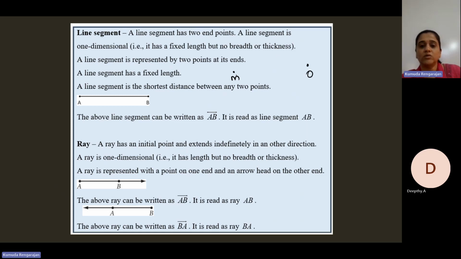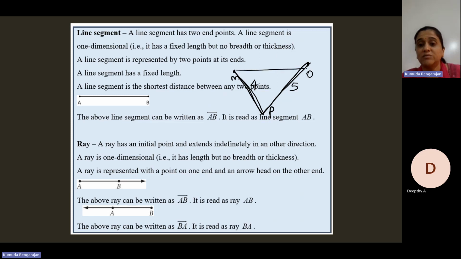If you try to measure the length like this, supposing from M, where say your friend's house is located, you go to another friend's house P, and then you go to O. You will say, I went 4 kilometers here and then 5 kilometers, so totally 9 kilometers.